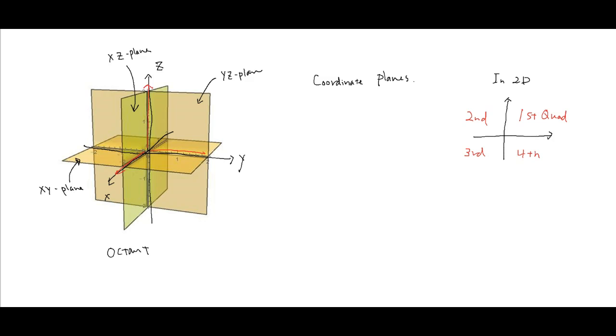So in this particular picture, we are talking about the upper right and the front octant, and this octant right here is called the first octant. So if you ever hear first octant, I would like you to know that we are talking about that particular octant that is defined by positive x, y, and z coordinates.